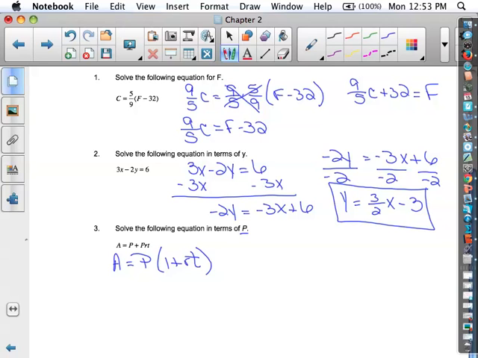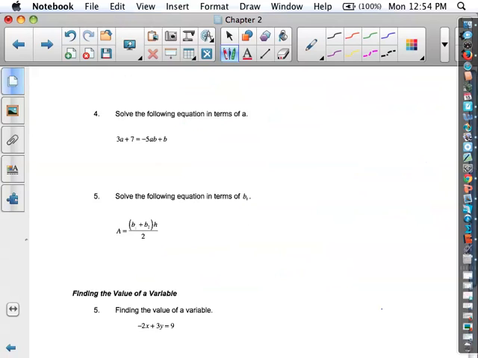You're solving for p, so the operation between p and 1 plus rt is multiplication. So in order to solve that, you're going to divide by 1 plus rt. So p is equal to a divided by 1 plus rt. For this, it's actually an interest problem.